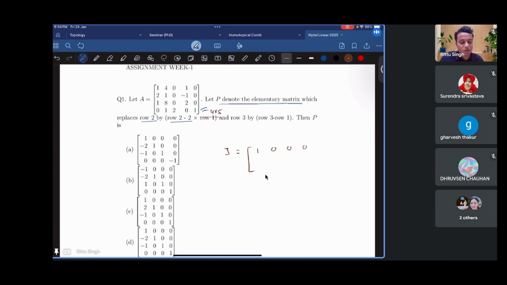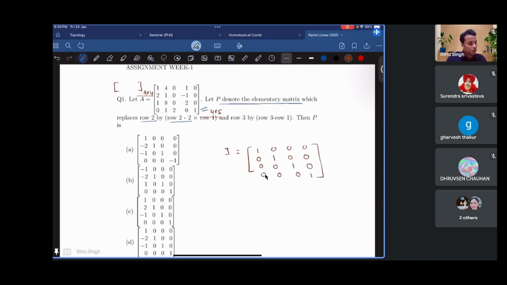So row reduction means we are multiplying some elementary matrices on the left side. So it should be a 4 by 4 matrix, and it comes from the identity matrix. The 4 by 4 identity will look like 1 0 0 0, 0 1 0 0, 0 0 1 0, and the last row will be 0 0 0 1.